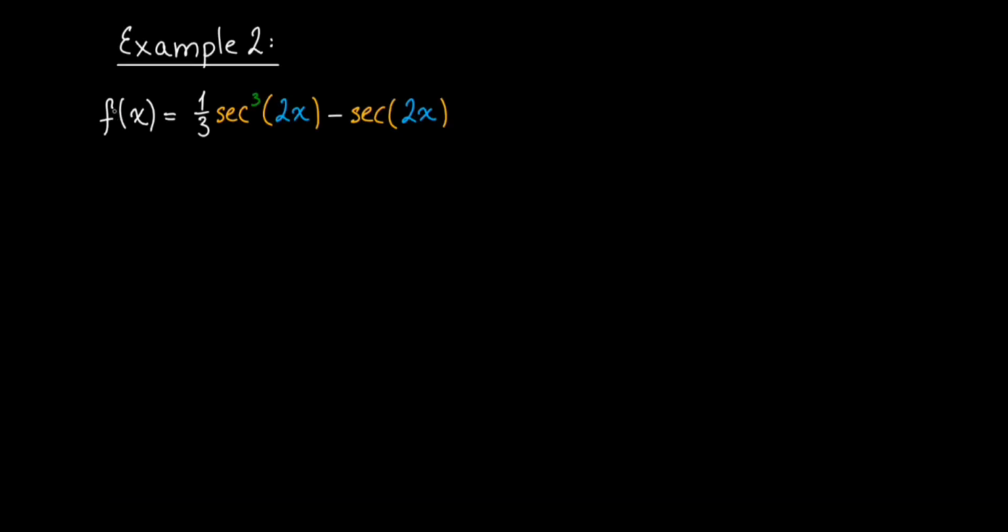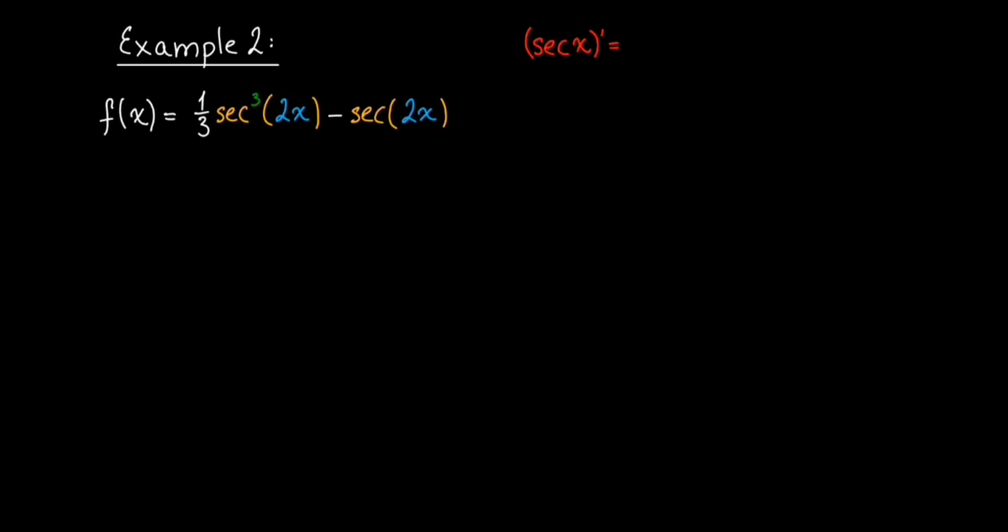We are given a function f of x equals 1/3 secant cubed of 2x minus secant 2x. Here, no product rule is necessary. However, we will need to use the chain rule since we do have another function in the parentheses.